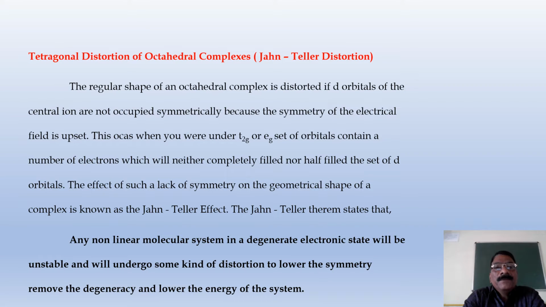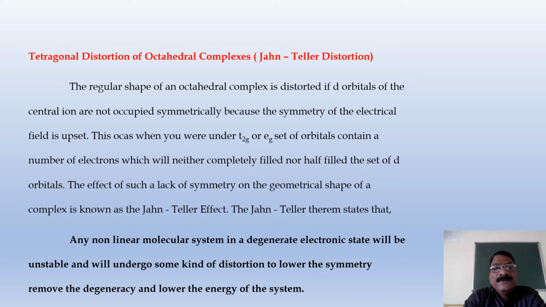The regular shape of an octahedral complex is distorted if the d orbitals of the central metal ion are not occupied symmetrically, because the symmetry of the electrical field is upset.